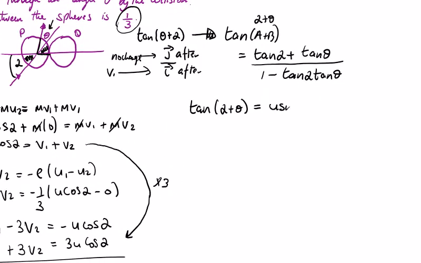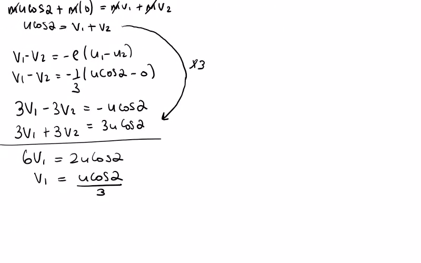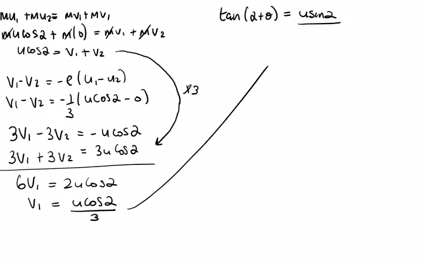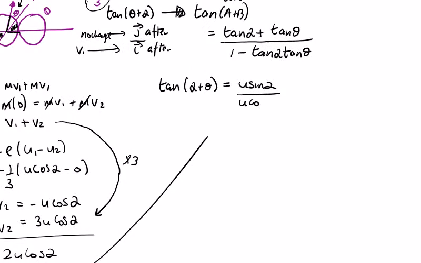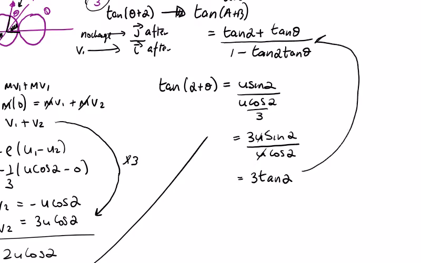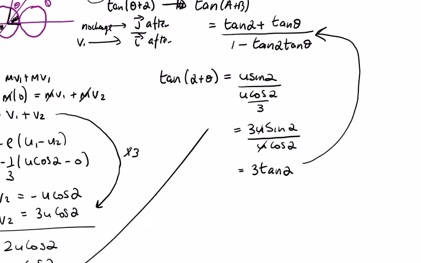So we have u sine alpha, and v1, which we've just gotten, is u cos alpha over 3, which is equal to 3u sine alpha over u cos alpha. I can divide by u and turn my sine over cos into tan. So this is equal to 3 tan alpha, which is also equal to this guy here. So just by cross multiplying, allowing these to be equal to each other, we should get to our answer.